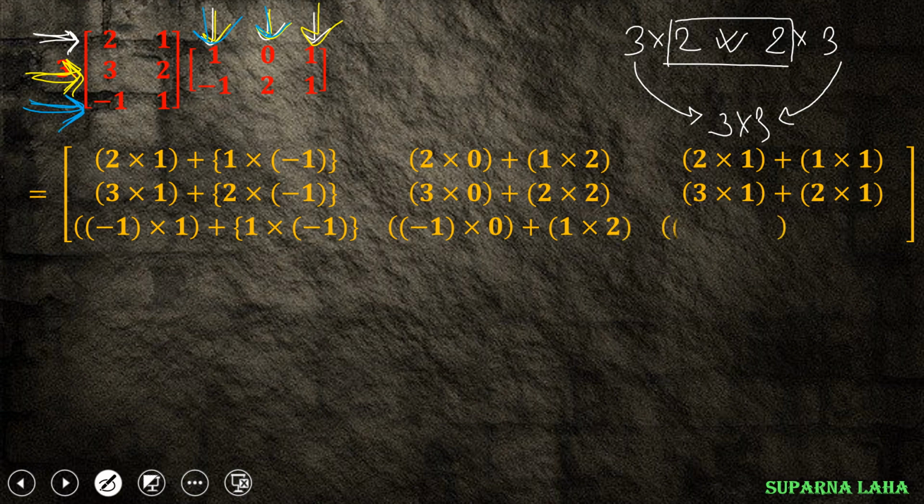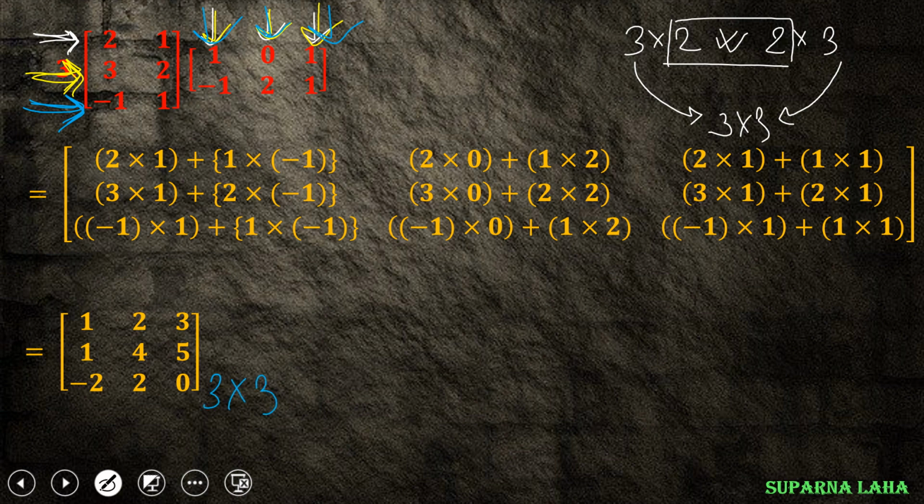Third row with third column, minus 1 into 1 plus 1 into 1. So now you have this 3 by 3 matrix after multiplication. Just simplify it, and you will find the ultimate value of the matrix: 1 2 3, 1 4 5, minus 2 2 0, and this is a 3 by 3 matrix, and this is your answer.